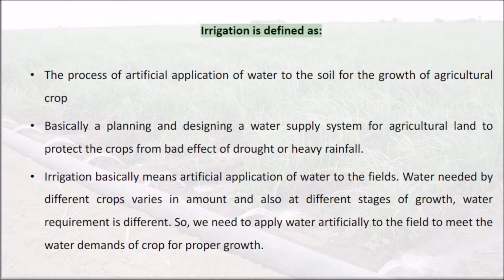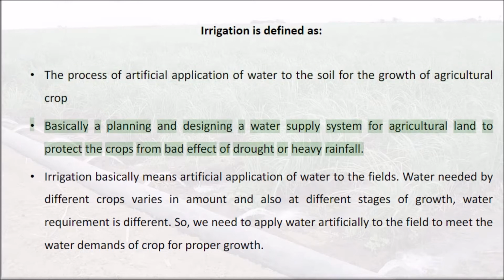Irrigation is defined as the process of artificial application of water to the soil for the growth of agricultural crops. Basically, it is planning and designing a water supply system for agricultural land to protect the crops from the bad effects of drought or heavy rainfall.